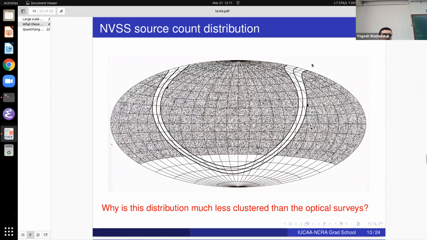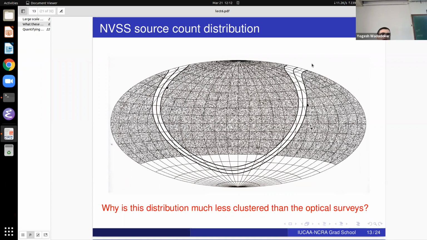Okay, now next question. So people thought, okay, we did this with optical redshift surveys. Can we do this kind of thing and study the clustering with radio data?